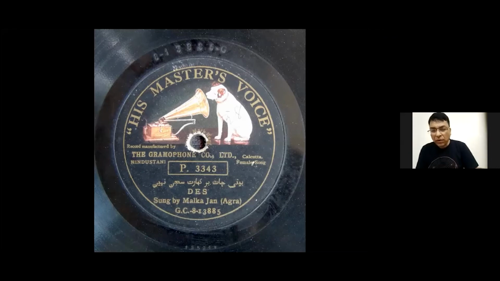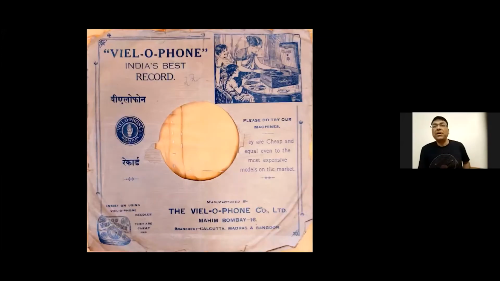1924, the World War has ended in 1919. 24, we see that the Velophone company is really, really doing well. And the company is doing great guns and big competition for GCI. That's the Gramophone Company of India.